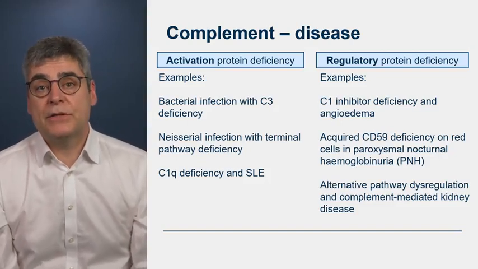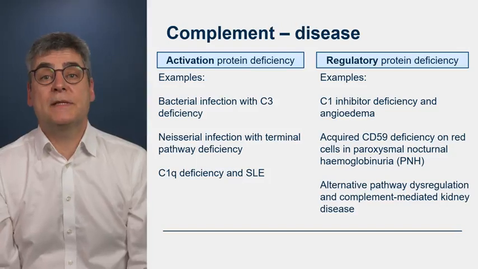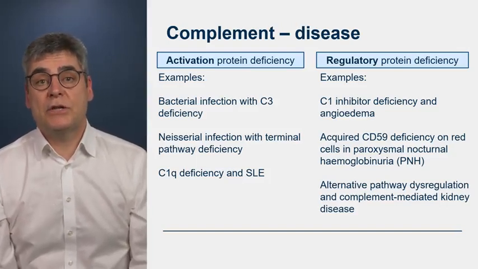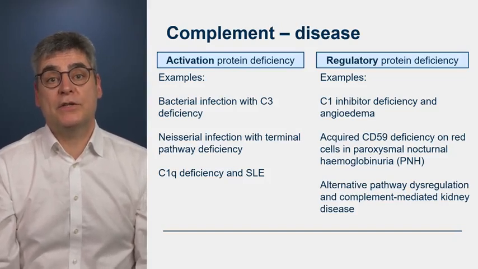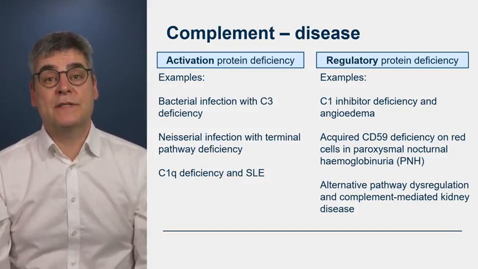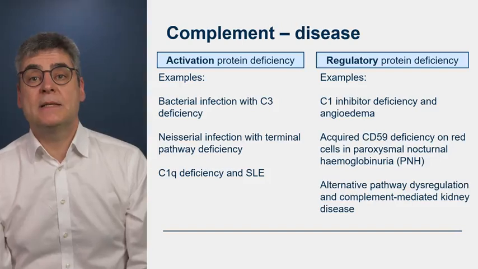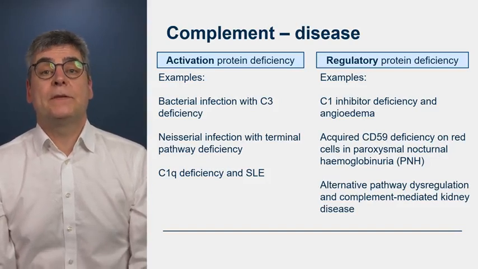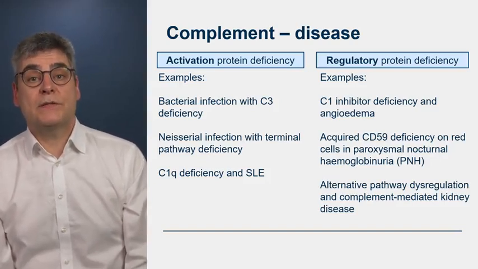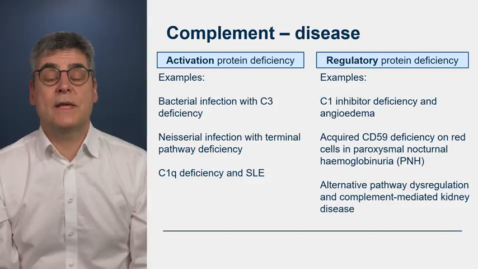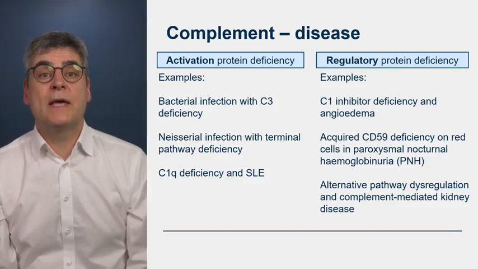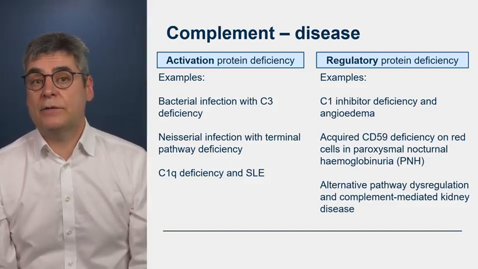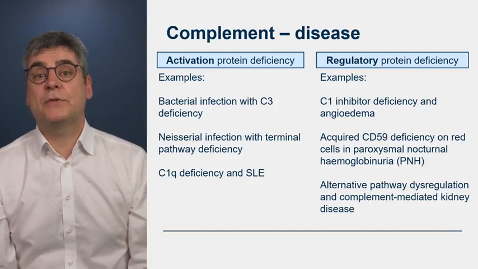Activation protein deficiency is associated with susceptibility to bacterial infection, and there is a strong association between terminal pathway deficiency, so deficiency of C5, C6, C7, C8, or C9, and susceptibility to Neisseria infection. Deficiency of C1q is associated with the development of systemic lupus erythematosus, and this may relate to the role of C1q in the clearance of apoptotic cells.